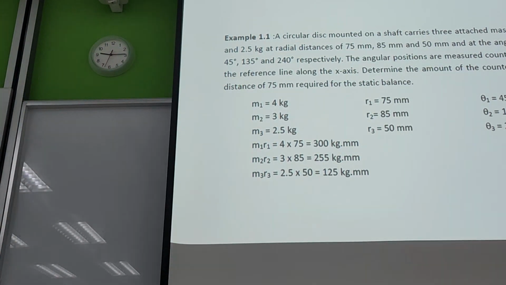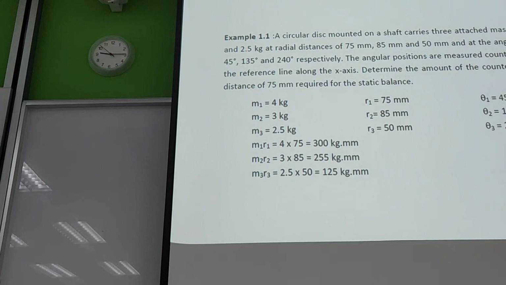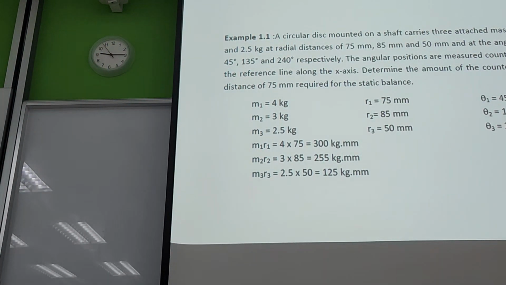So let us say this is your 300. Then from the tip of that vector, you draw at 135 degrees, 255.